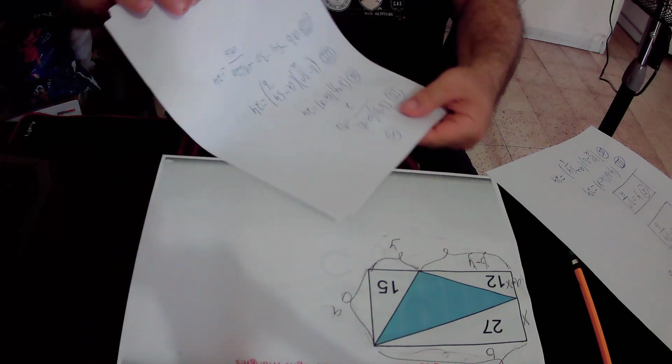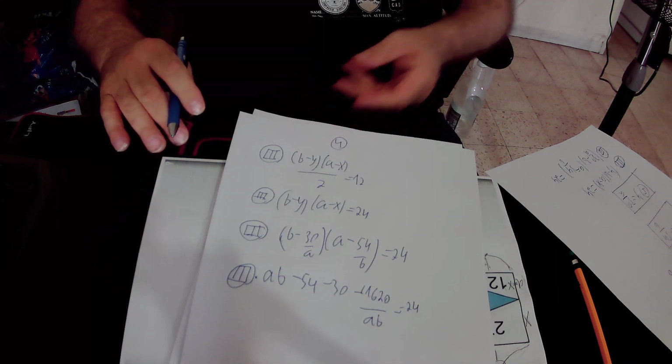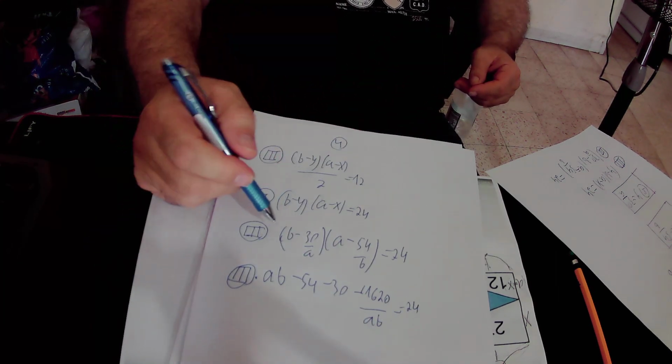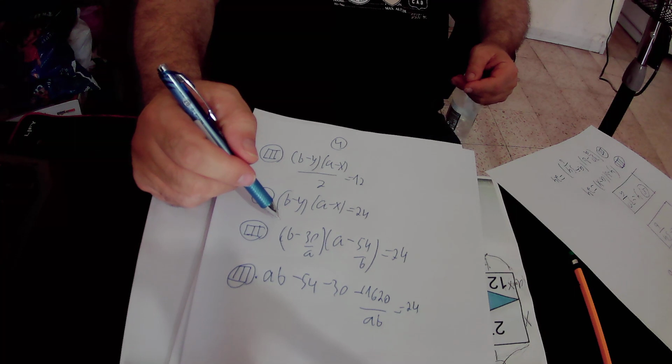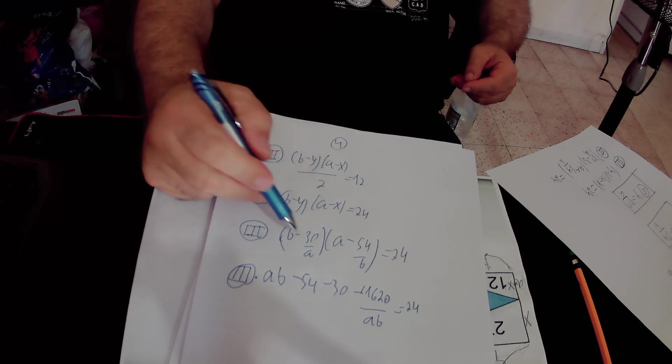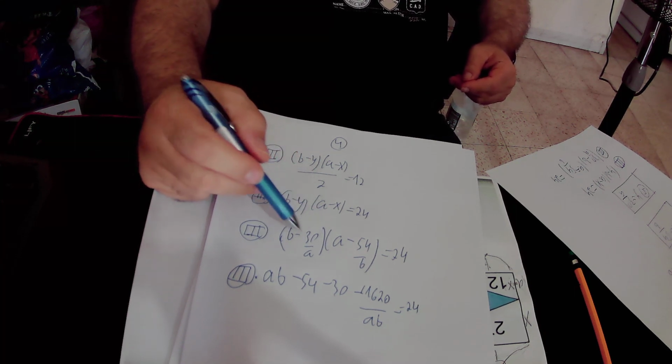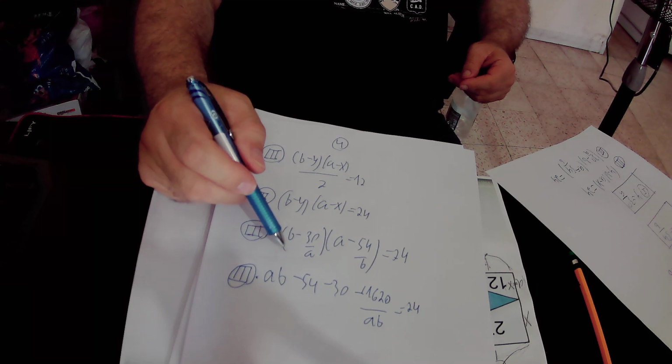I'll repeat the calculation. We opened the brackets here. B times a is ab, or ba, it is the same.